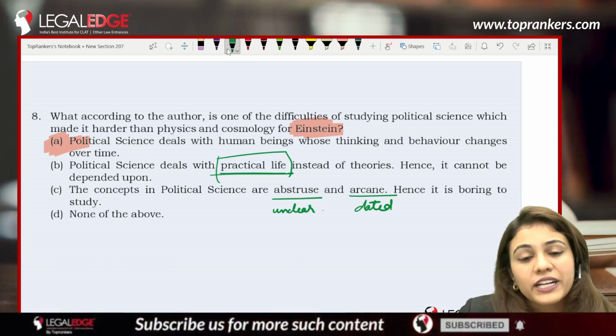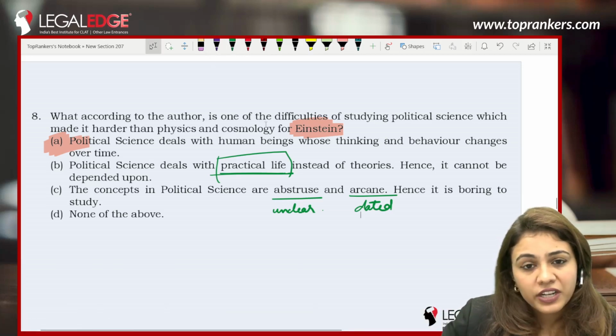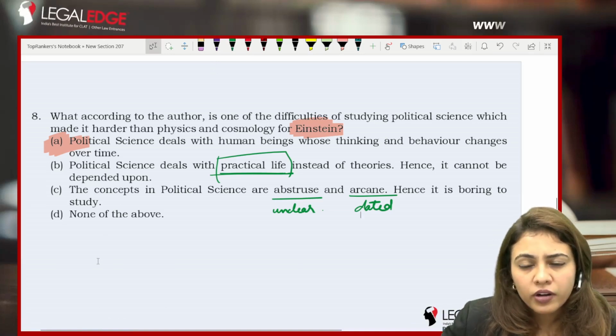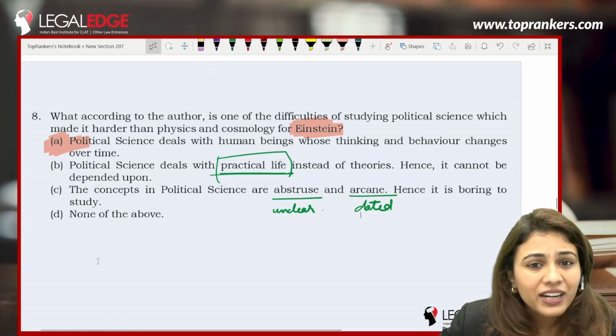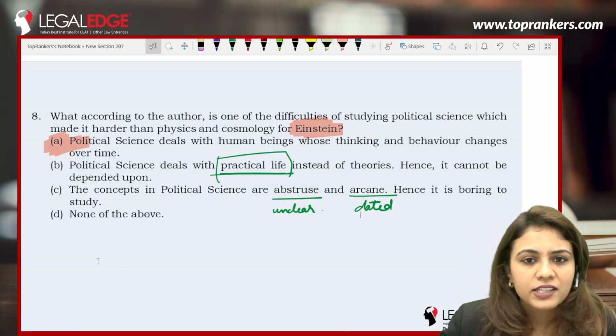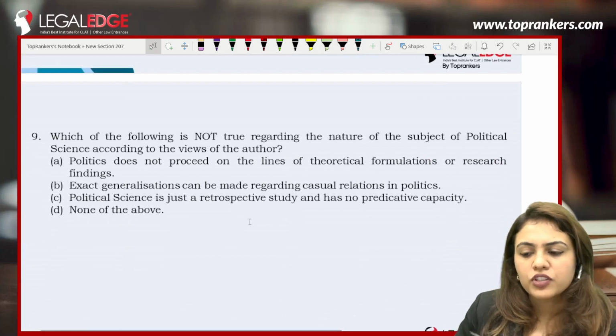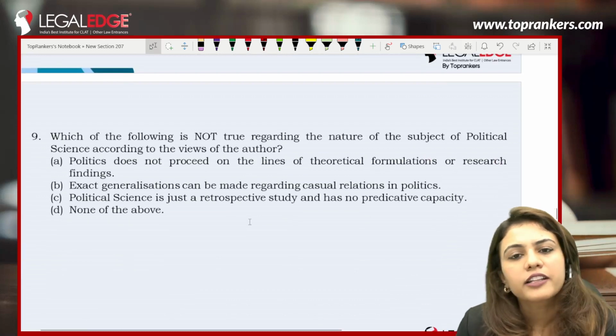Also, it deals with human beings, which creates a difficulty for people to understand it, especially the people who relate more to the theoretical aspect of a subject, like Einstein himself.